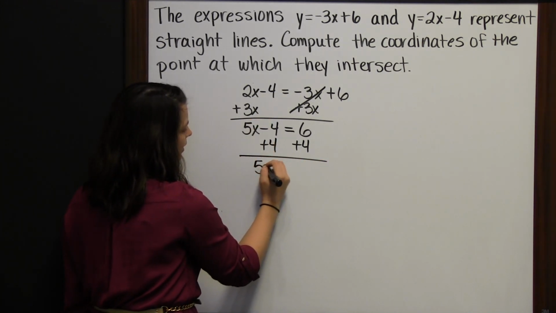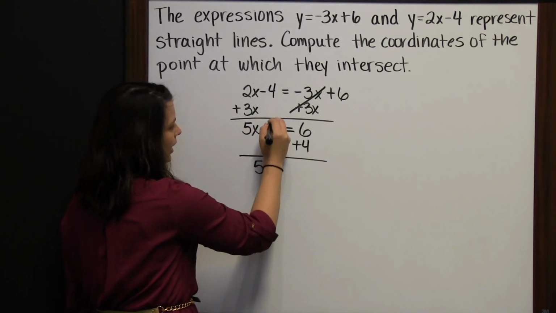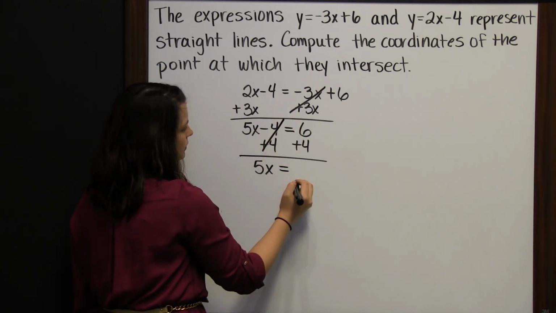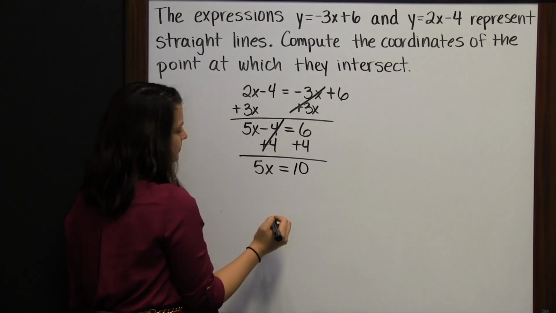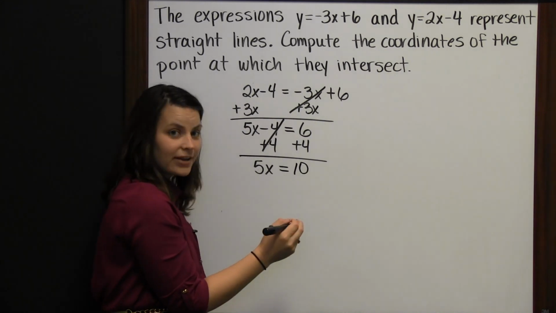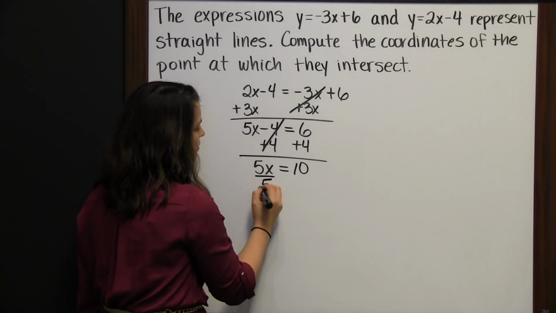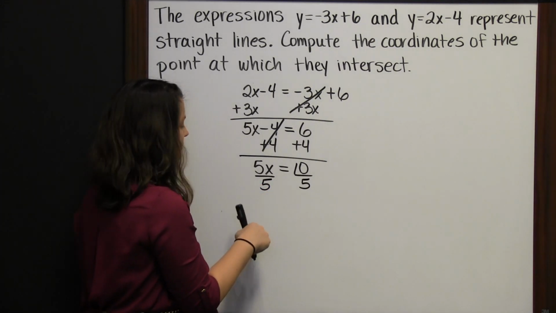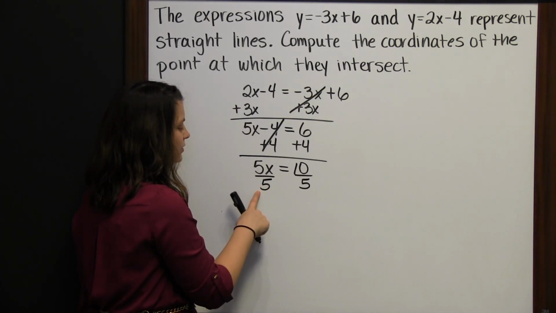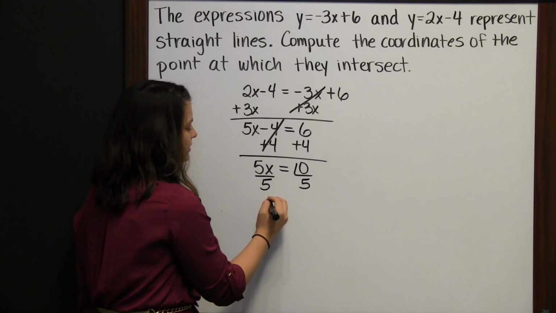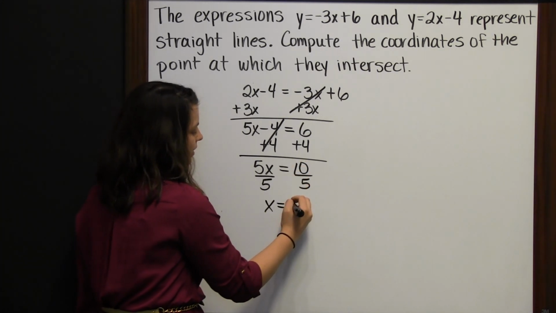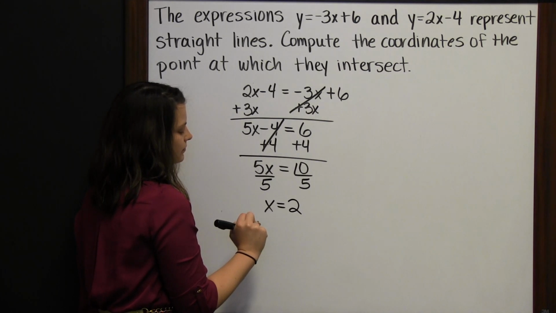Bring down the 5x. Negative 4 plus 4 is 0, equals 10. And finally, we need to divide both sides by 5 to solve for x. 5 divided by 5 is 1, times x is x, and that equals 10 divided by 5, which is 2.